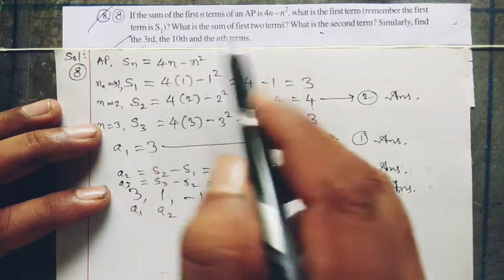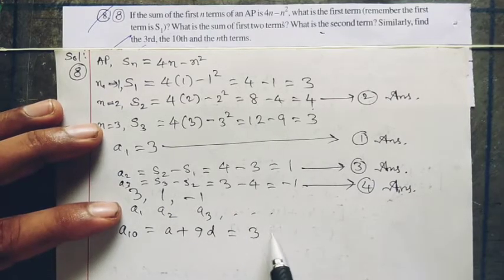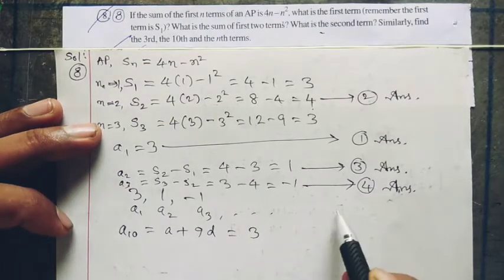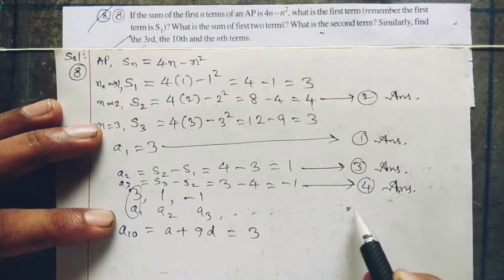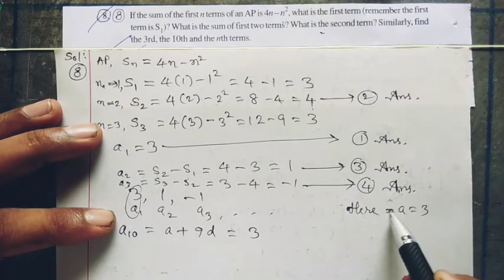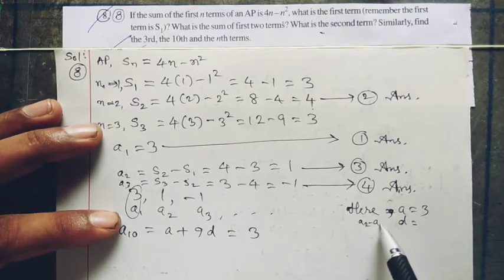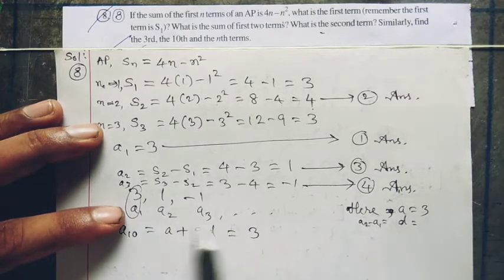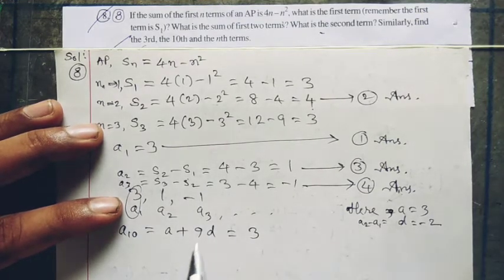And the 10th term, A10 = a + 9d = 3 + 9d, here a = 3. d = A2 - A1, which is d. 1 - 3 = -2. -2 is the d.